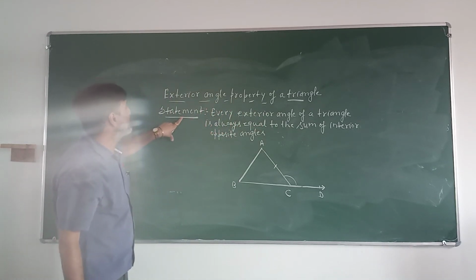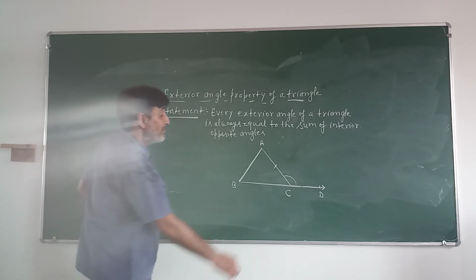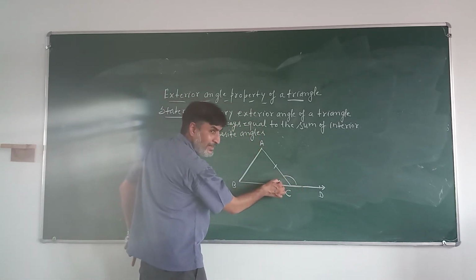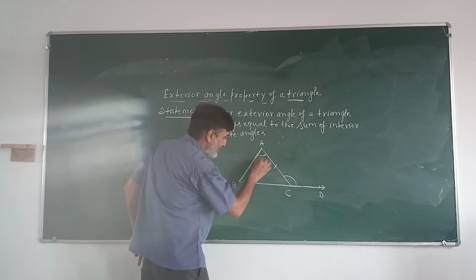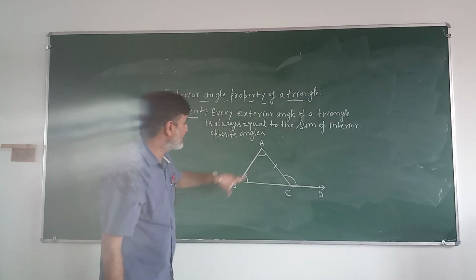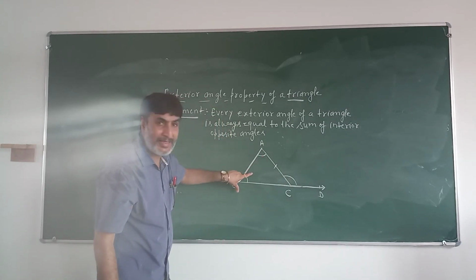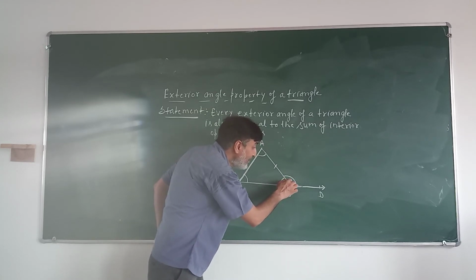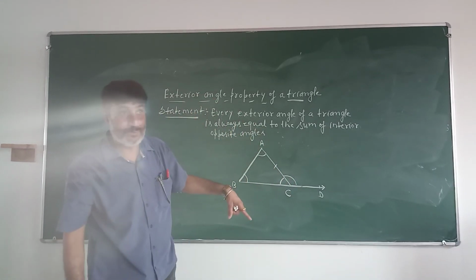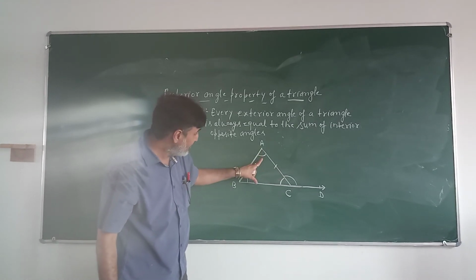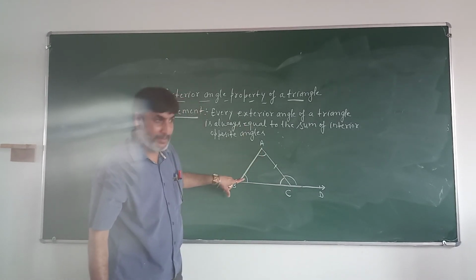And according to the statement of exterior angle theorem, this exterior angle is equals to sum of interior opposite angles. Means this angle ACD is equals to angle A plus angle B. This interior angle makes linear pair with this exterior angle, so that is not interior opposite angle. Interior opposite angles are this angle A and this angle B.